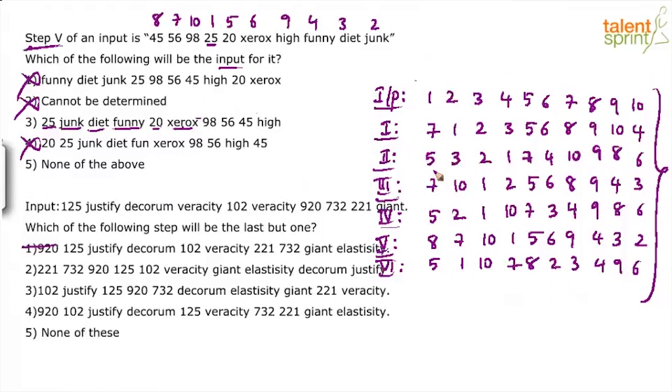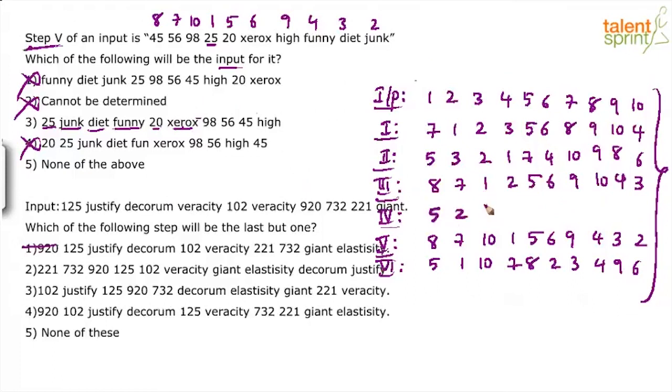Sorry. I'll write the whole step again. In step 3 should go here and 8 should come here. So everything else as it is. 7, 1, 2, 5, 6, 8 has gone there, 9, 10, 4. Instead of finding out where the mistake is, I'll write the step very quickly. Then reversal, right?